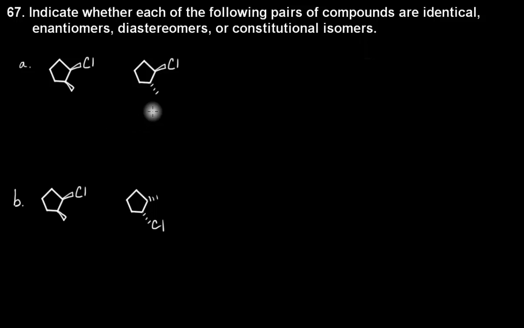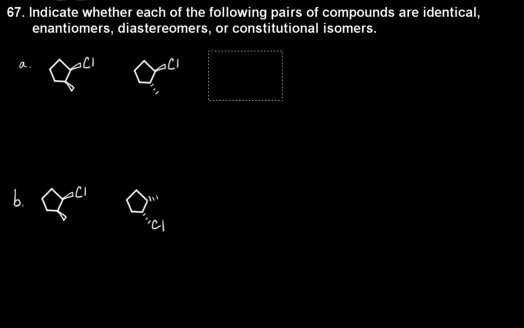So if this molecule had the methyl group on position 3 instead of position 2, then the two would be constitutional isomers because of different regiochemistry. But that's not what they're asking, or at least that's not the molecule we've been asked to compare.